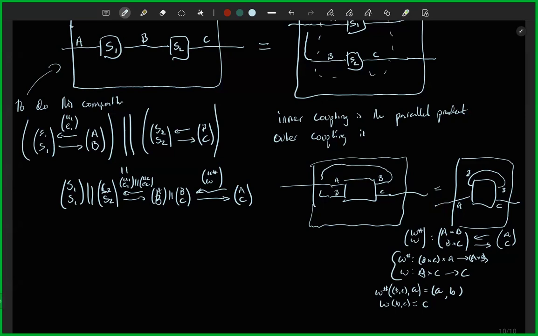Okay, but now let's compute what this composite is on the left. So first, we compute this part just to be sure. Remember here, we had E1 parallel E2 of S1, S2 is equal to E1 S1, E2 S2, and U1 parallel U2 of S1, S2 takes in S1, S2, and it takes in an input from both of these.